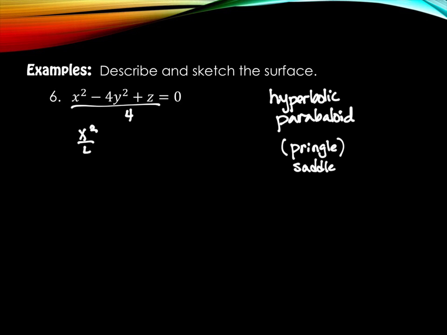So I have x squared over 4 minus y squared over 1 plus z over... I take it back. That's not what I wanted to do. I apologize, that's not the form they showed. We moved the z to the other side. That's what they did. So z is positive 4y squared minus x squared.